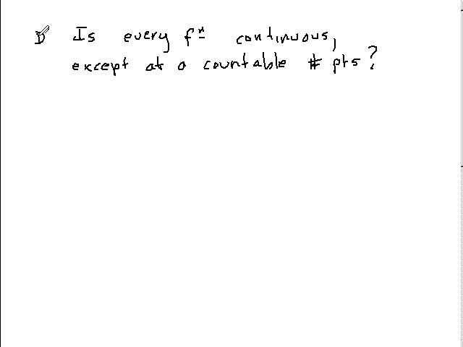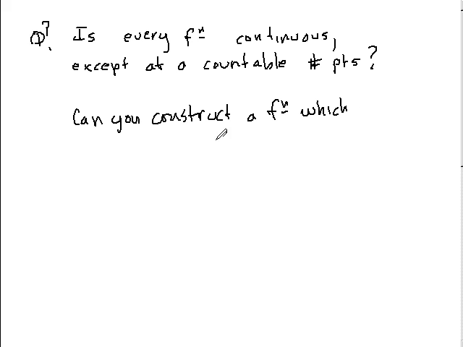I know that the rationals are countable, and if you pulled them all out of that indicator function, I would think that it would be continuous, but if you do it the other way around, it's not necessarily true, right? So the question is, can you construct a function which is discontinuous, say, on the rationals?